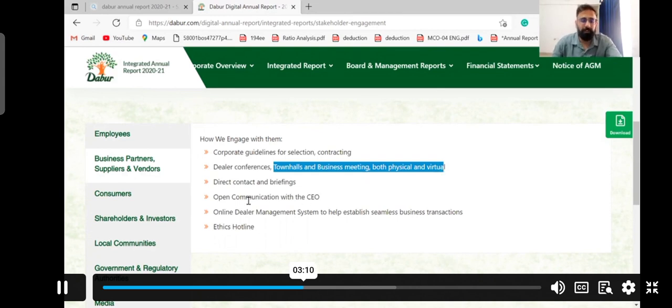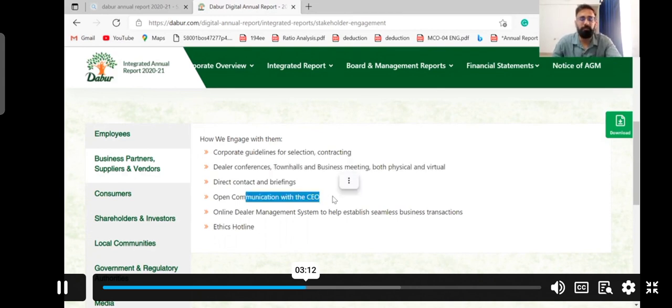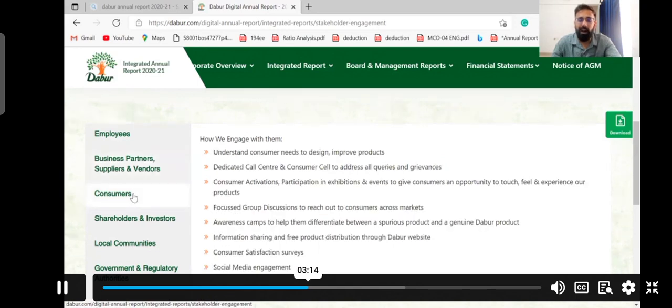Direct contact and briefing, open communication with the CEO: this information is given. If I talk about consumers, how do they deal with consumers, how do we engage with them? Understand consumer needs. I have already told you, if you want to be a successful businessman, you should read about the customer, you should know the customer. Dedicated call centers: definitely every company creates call centers, and Dabur does the same.